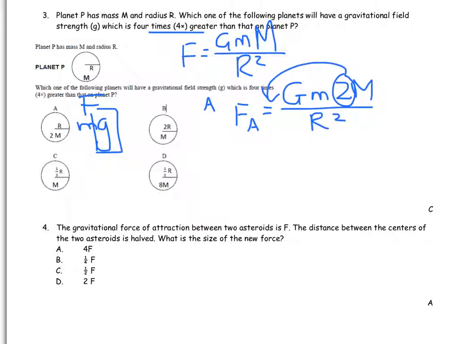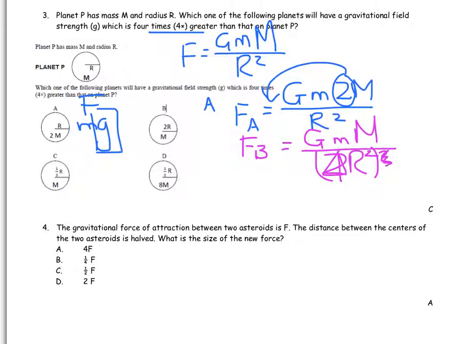The next one, I'm going to say the force of B is equal to G m M over 2r squared. That becomes 4r squared, and therefore it is a quarter of my original force, and that is not 4 times.